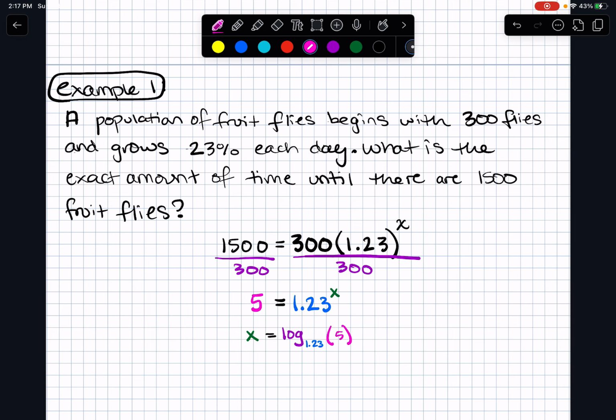So log base 1.23 of 5 will tell me exactly how long it takes for there to be 1,500 fruit flies. And let's find out what that is.